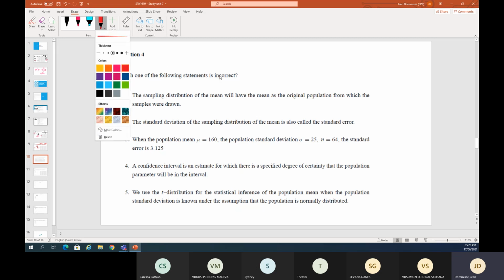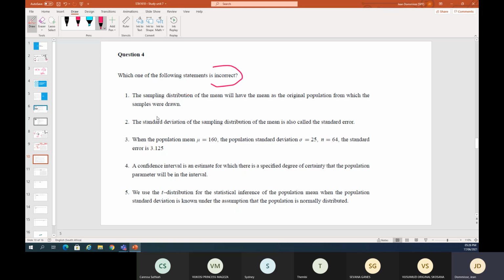So which of the following statements is incorrect? The sample distribution of a mean will have the same mean as the original population from which the samples were drawn. True or false?